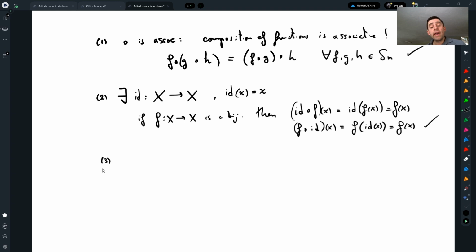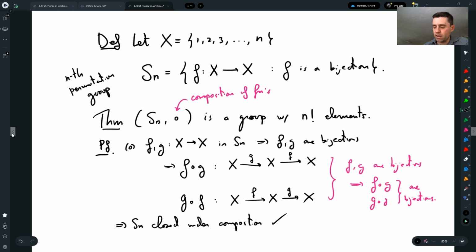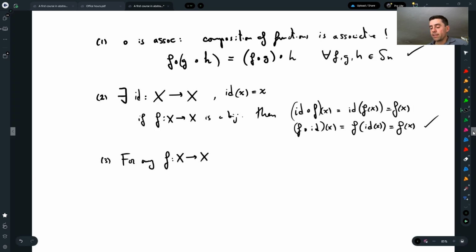We need inverses with respect to composition. So for any f from X to X, oh, by the way, I'm not sure if I said, but X was a finite set, right? X was a set with n elements. So we do have finiteness.